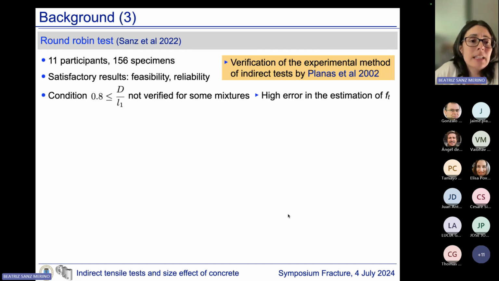However, one of the conditions of the method was not verified for some mixtures. The condition, which is here, of a limit of the ratio of the specimen size versus the characteristic length for the Brazilian test. It implies that there is a high error in the estimation of the tensile strength, which cannot be neglected.